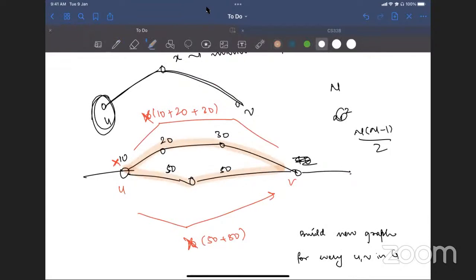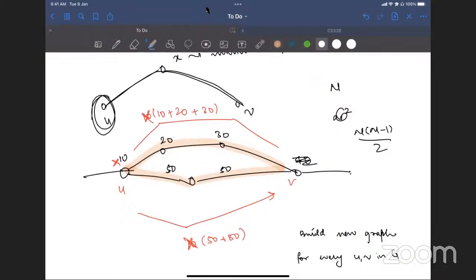But now my next question is, how do you know which of these is the minimum cost? Is my question clear? I have two paths. I know that I'm only going to refuel at U. I'm not going to refuel anywhere in between.